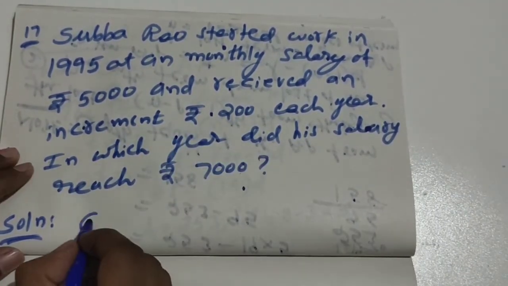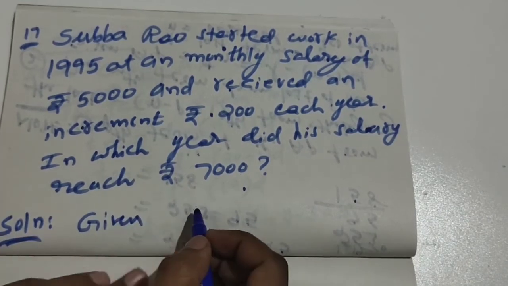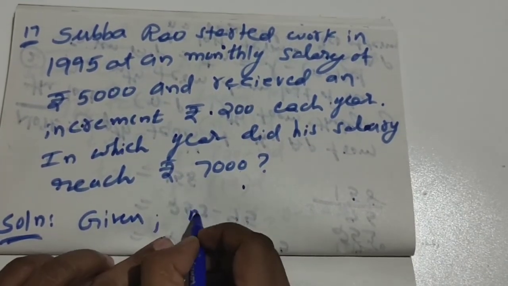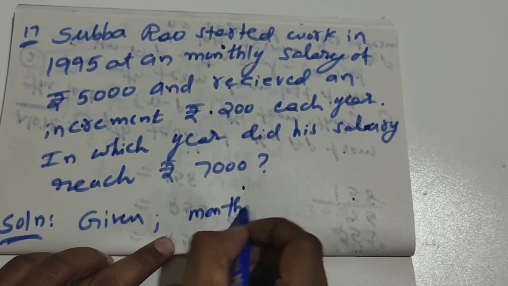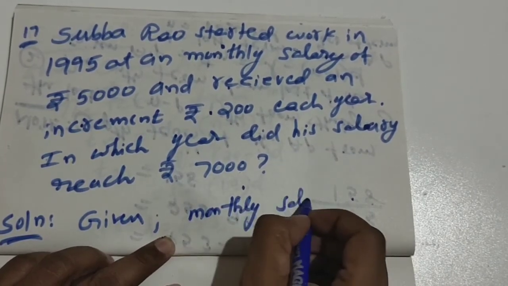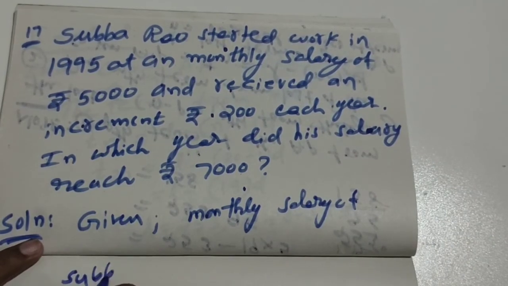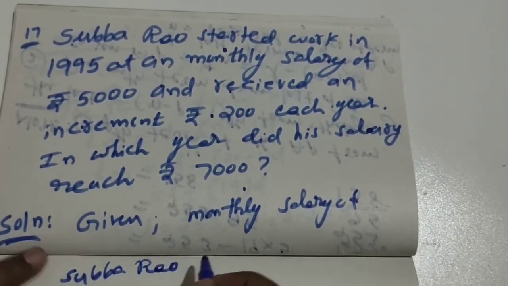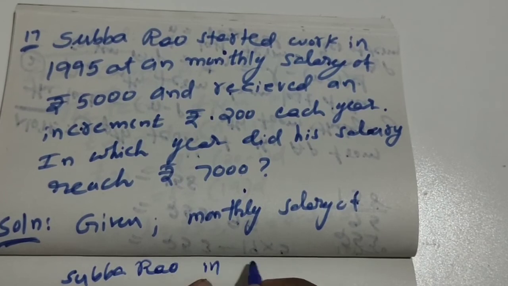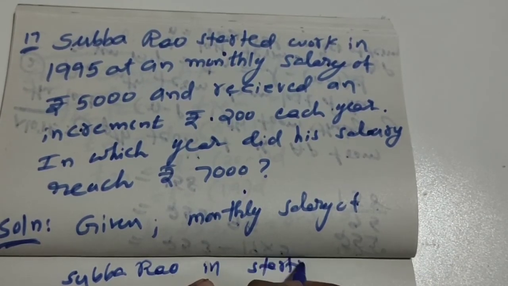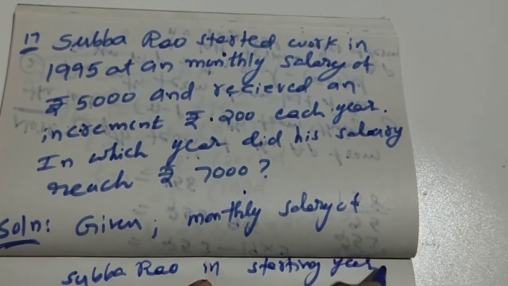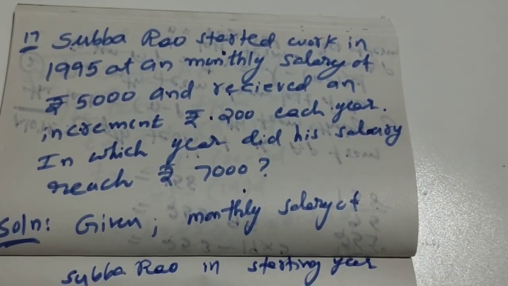So here given monthly salary of Subbarao in starting year is equal to 5,000.